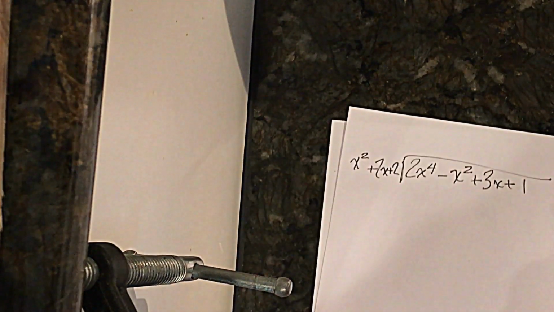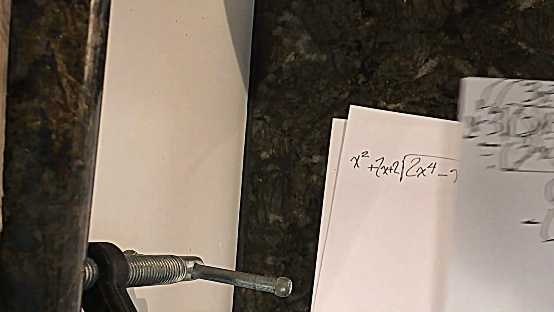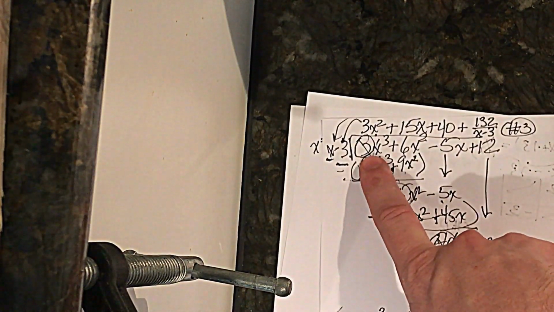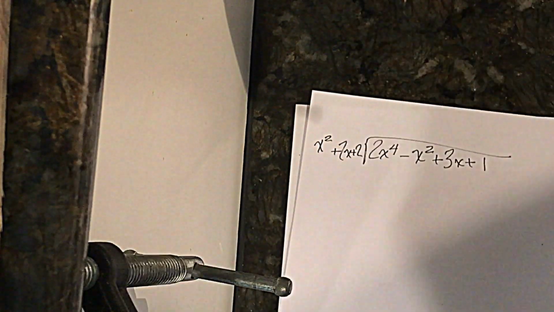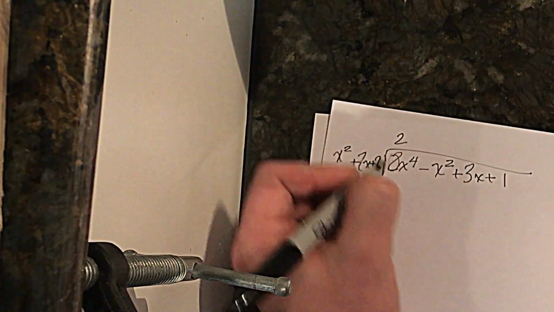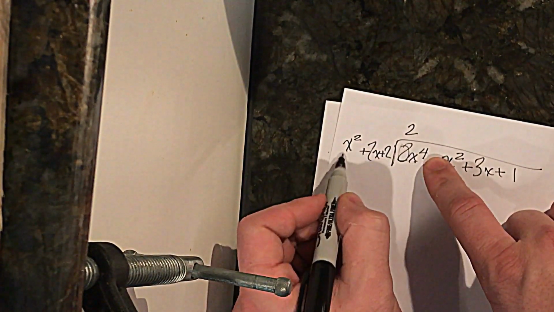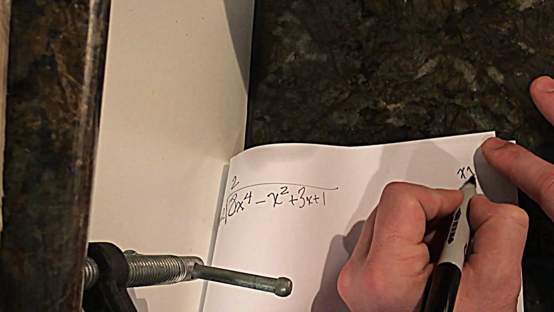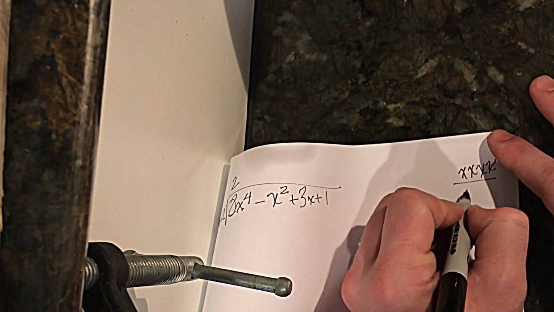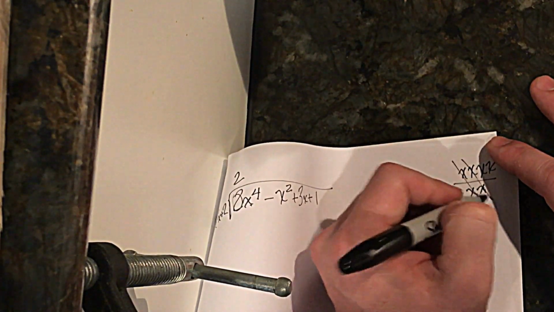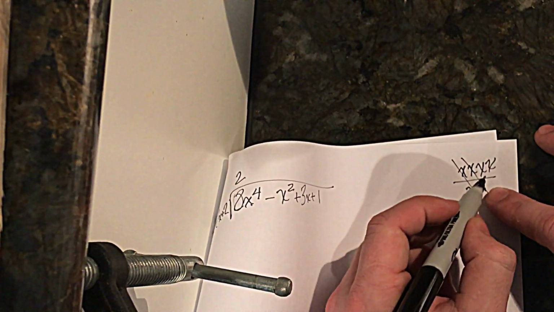Like we did on the very last division problem, this was number 3. You're going to start by taking the leading coefficient at the very top. So the exact same thing happens here. So 2 comes up to the top, and then we're going to have x to the 4th divided by x squared. When you cancel out your variables, you're left with just x squared.